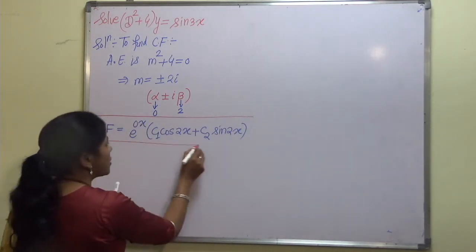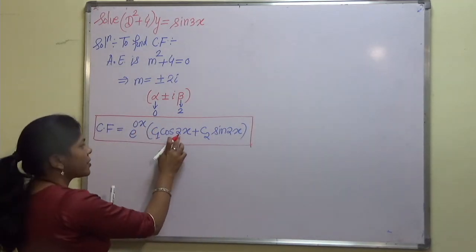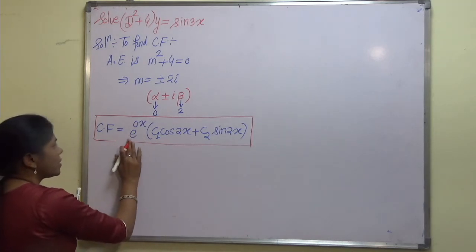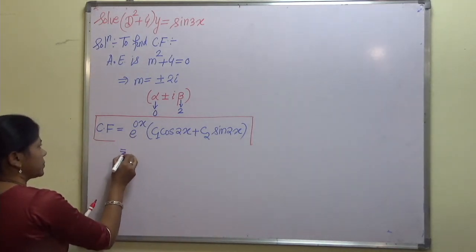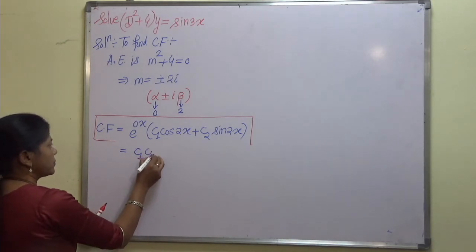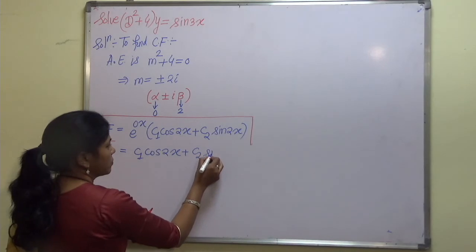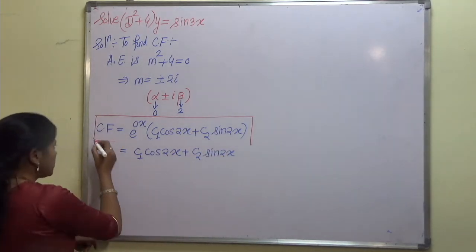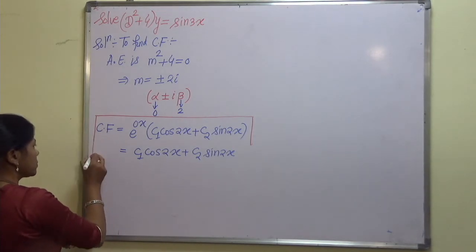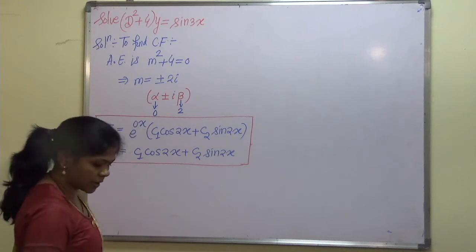If you wish, you can rewrite it: e raised to power 0 is 1, so it is c1 cos 2x plus c2 sin 2x. Now this is done.